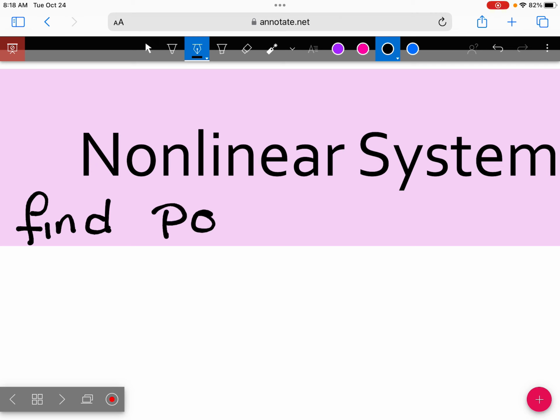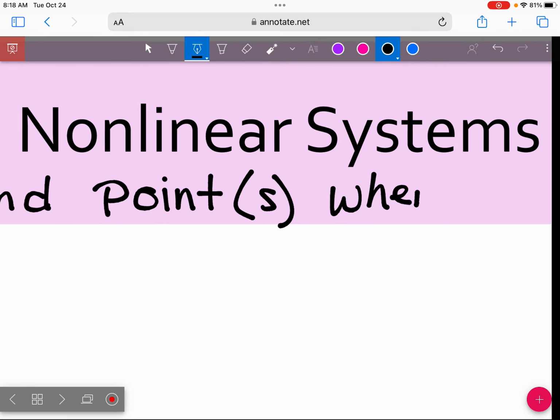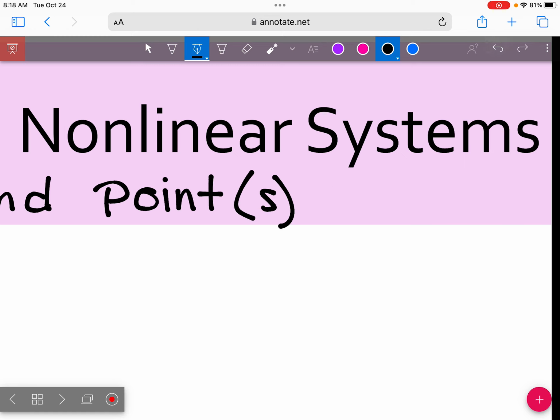There might be more than one. So I'm going to put point(s) of intersection. Find the point or points of intersection. Finding the places where they cross.